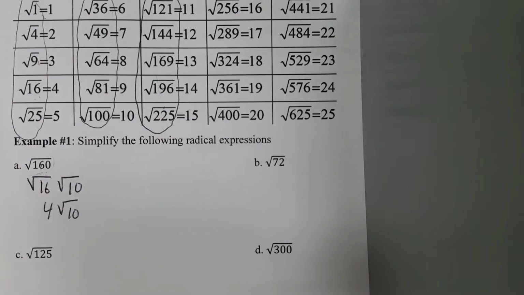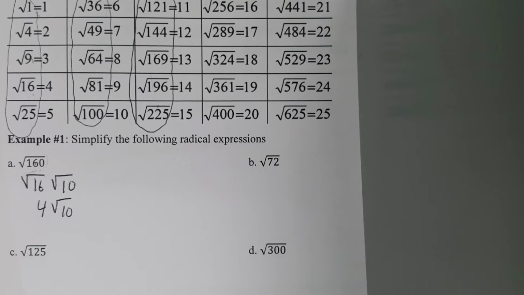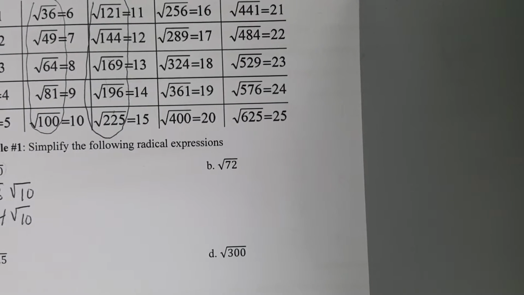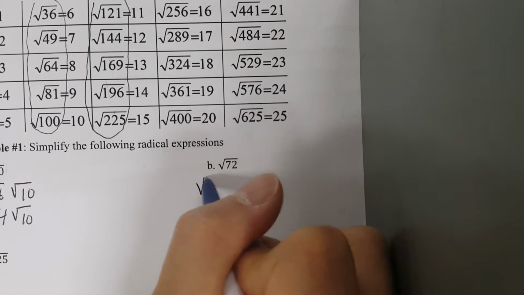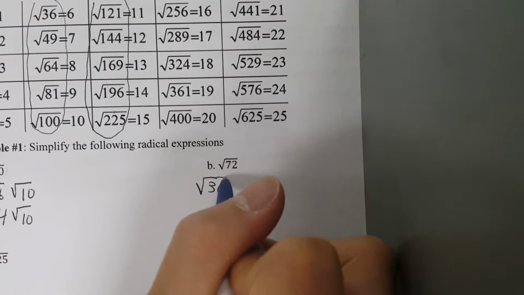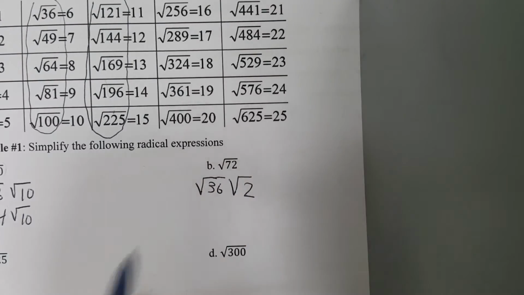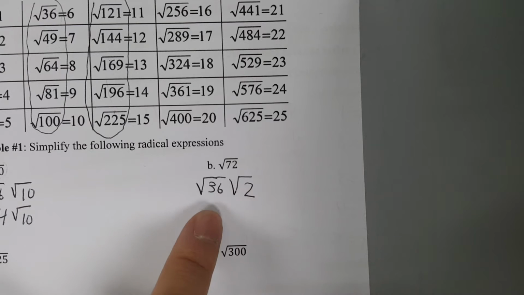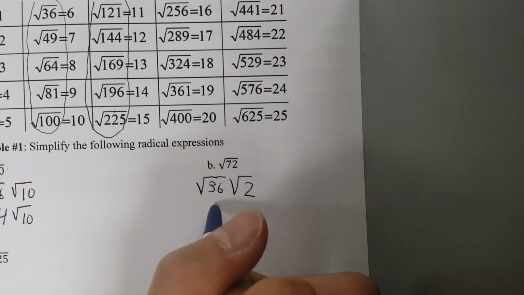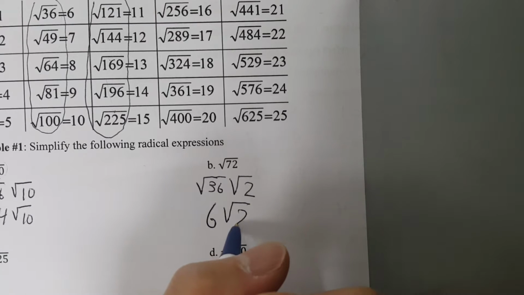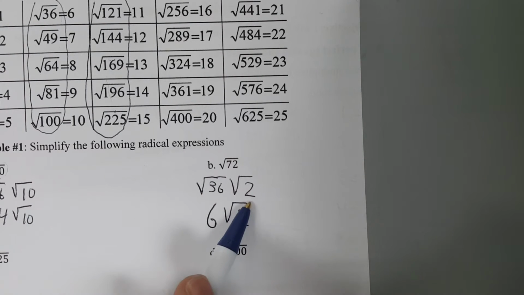So what I'm going to do is break up square root of 72 into radical 36, radical 2. However, I do know what the radical of 36 is, and it's 6. I can't break up the radical 2 anymore, so it stays like that. So it's 6 radical 2.